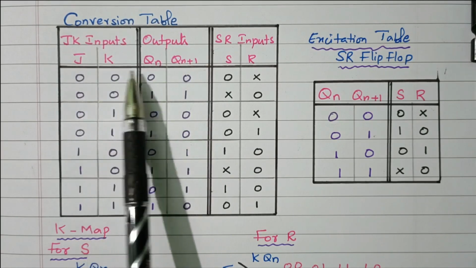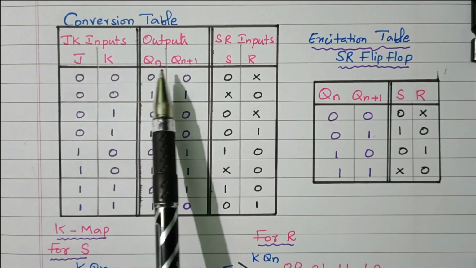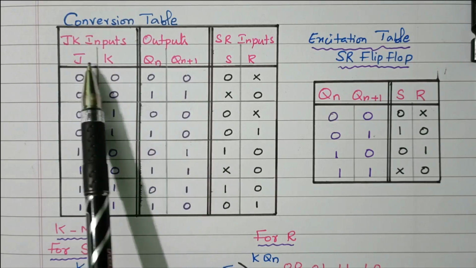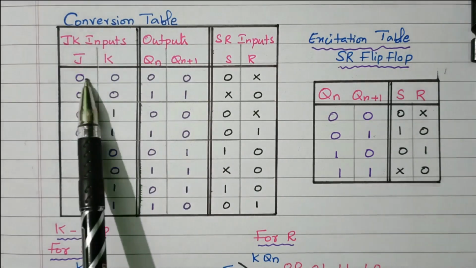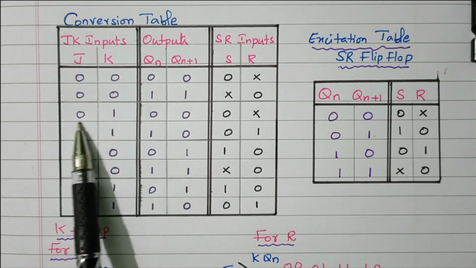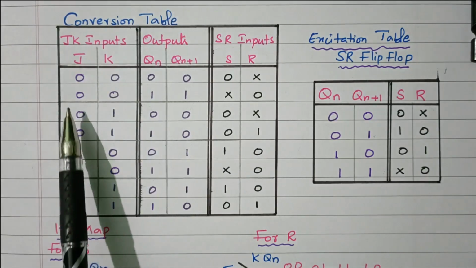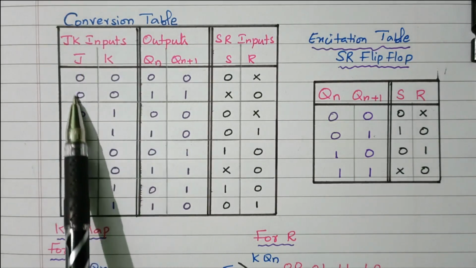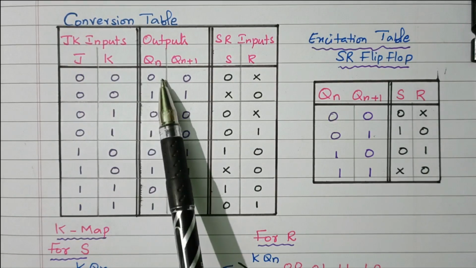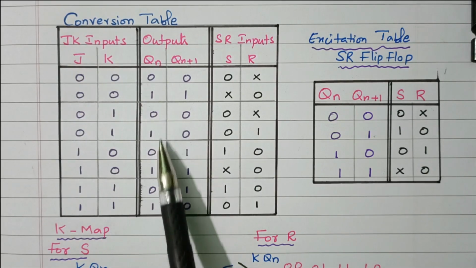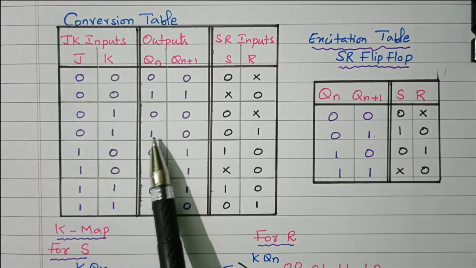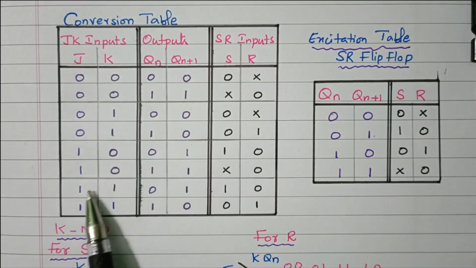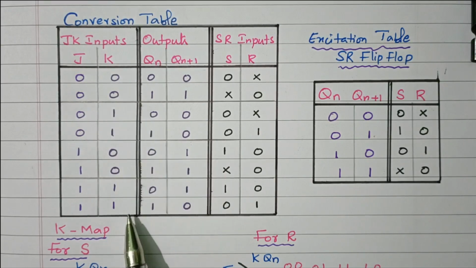So totally 3 inputs, J, K, Qn will decide Qn+1. So 3 variables, 2 to the power 3, 8 combinations are available. 0 0 0, 0 0 1, 0 1 0, like that. When J and K are both 0, Qn+1 may be 0 or 1. Similarly for 0 1, the Qn may be 0 or 1. 1 0, 2 combinations, 1 1, like that, 8 combinations.